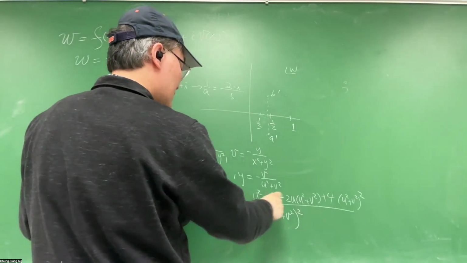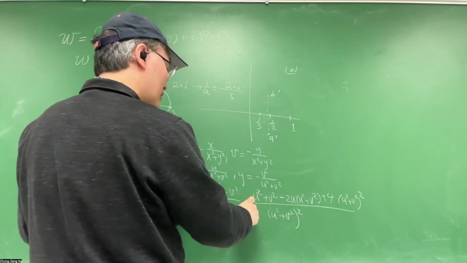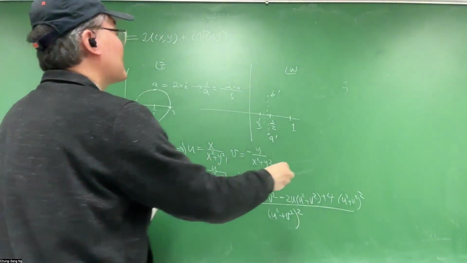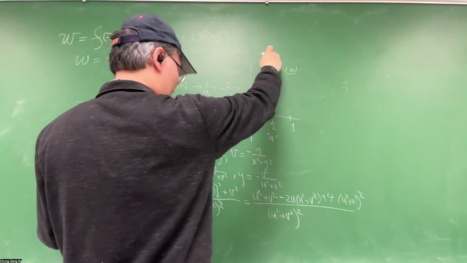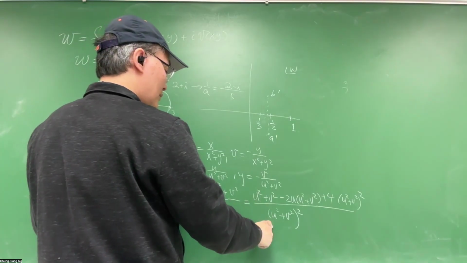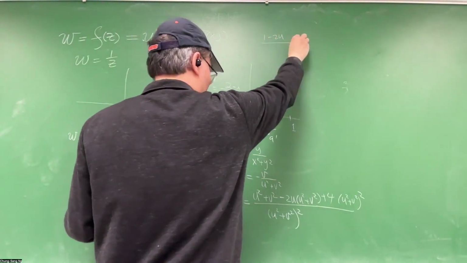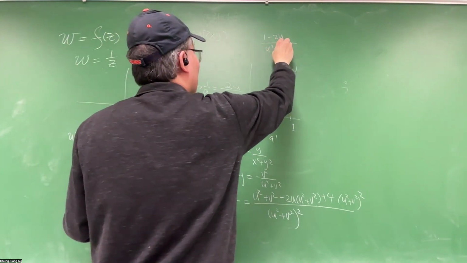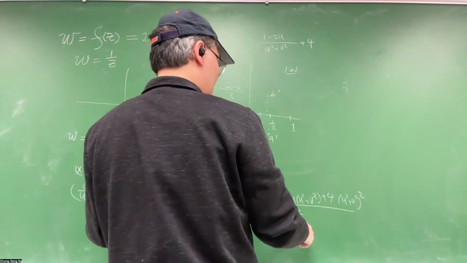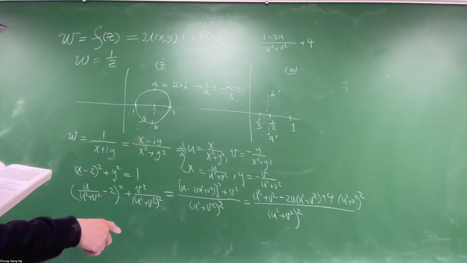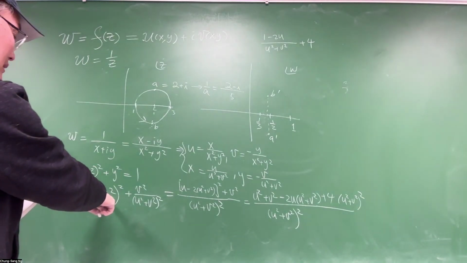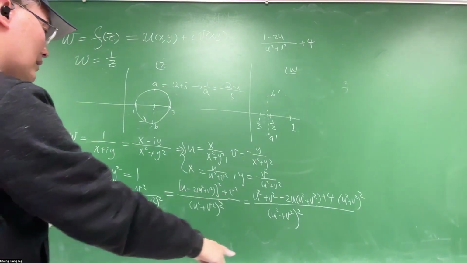And the u squared plus v squared can cancel with one factor, so it becomes 1 minus 4u, and then plus 4 (u squared plus v squared).